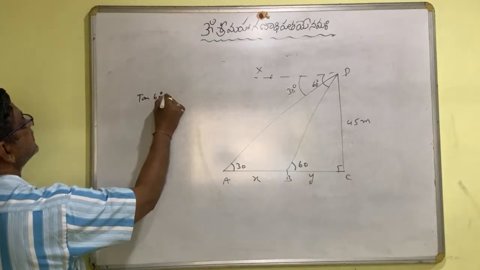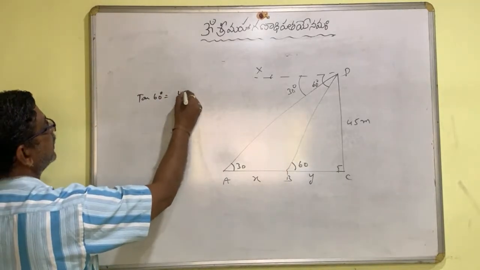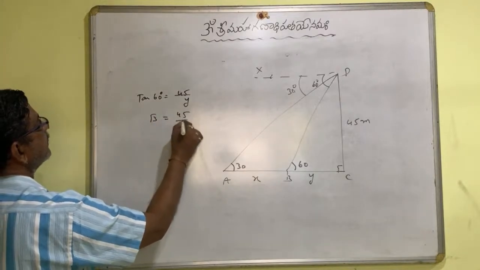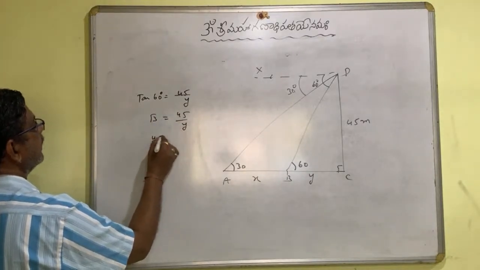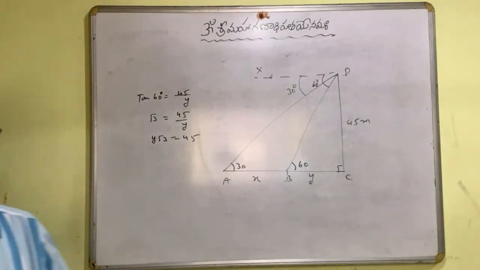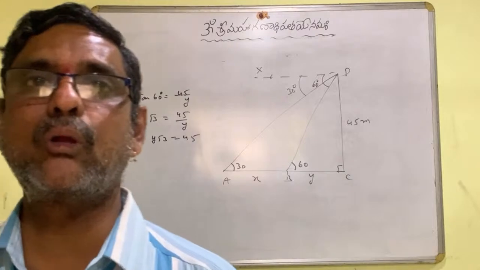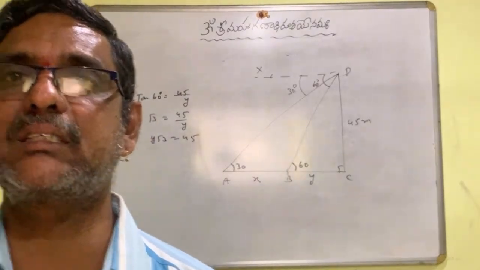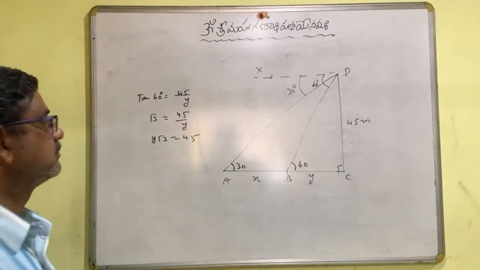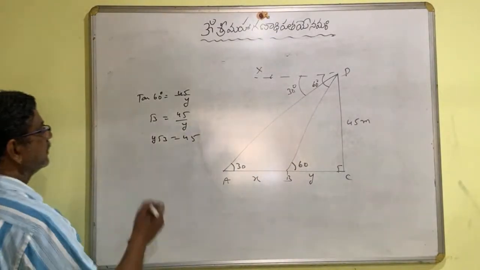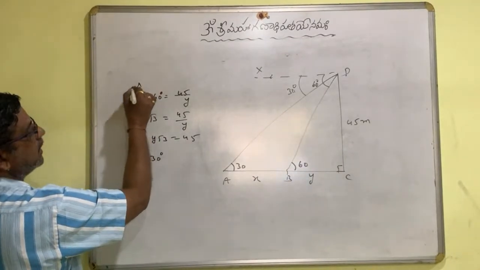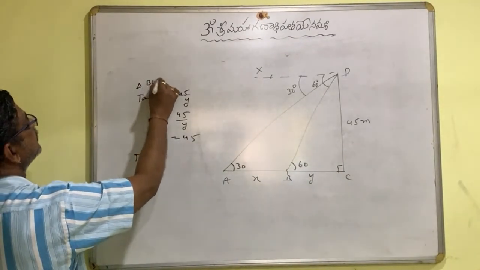Tan 60 degrees, 45 by y, root 3 is equal to 45 by y. So y root 3 is equal to 45. You have to write the description about the figure, that is figure 1 mark, description 1 mark, don't forget that. And tan 30 degrees, this is in triangle BCD.